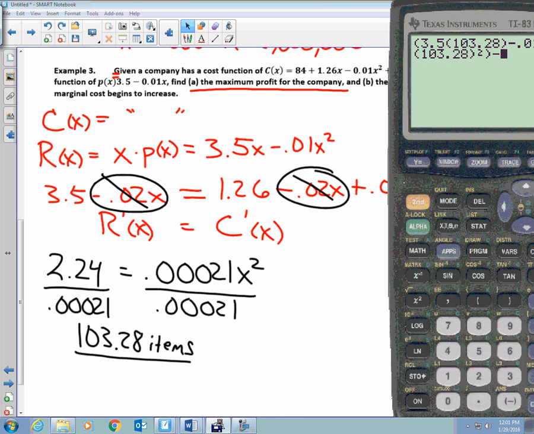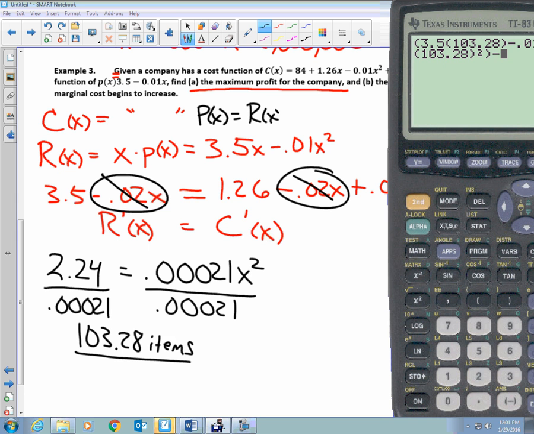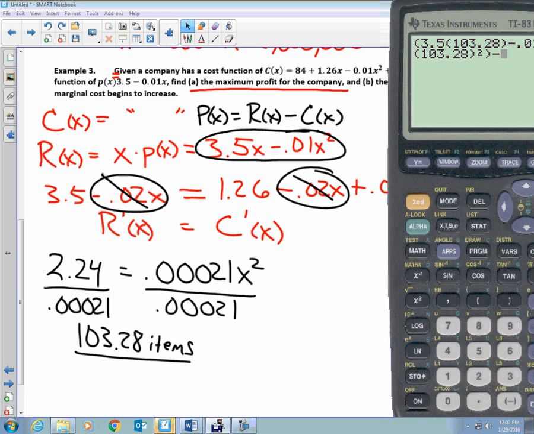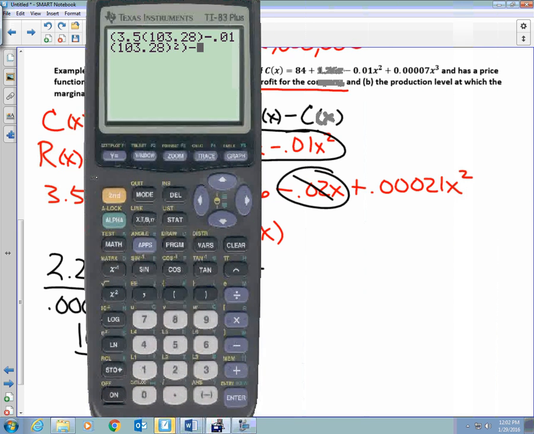So remember that our formula for profit, P of X, is equal to R of X minus C of X. Yep, so I'm taking R of 103.28. So I'm plugging that in right here. And now I'm going to subtract C of 103.28.